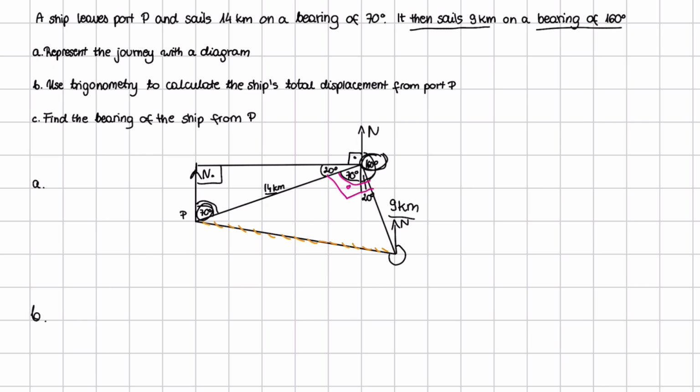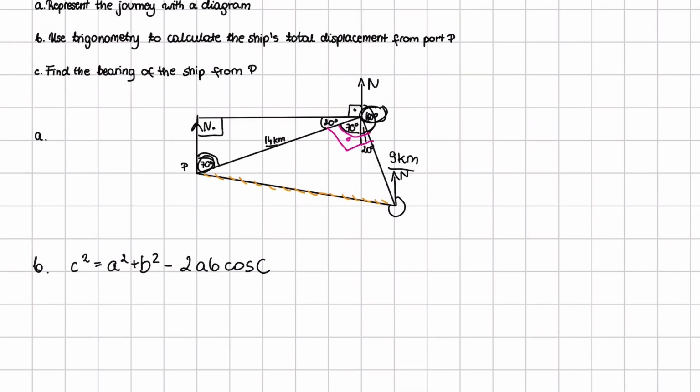So we have this angle, and now we can use our formula for the cosine rule in order to calculate this orange line segment, so our total displacement. So this is our C, so C squared equals, and basically it doesn't matter whether 14 or 9 is a.